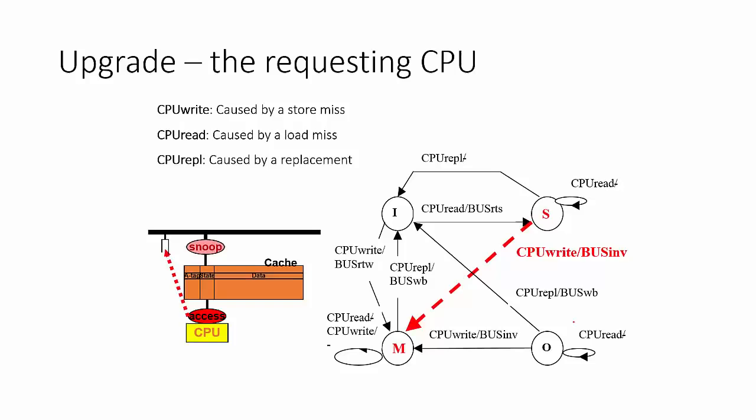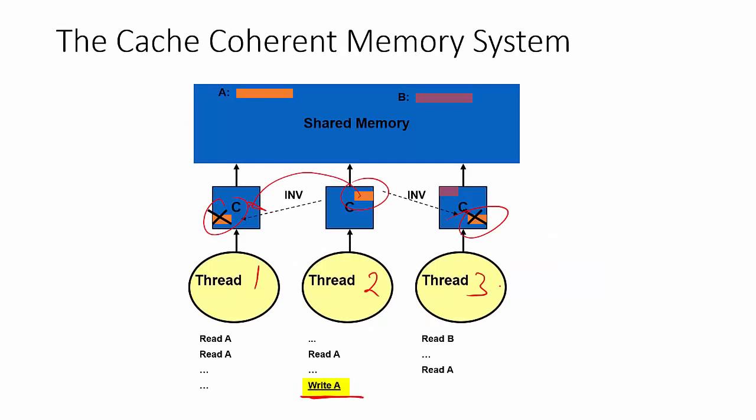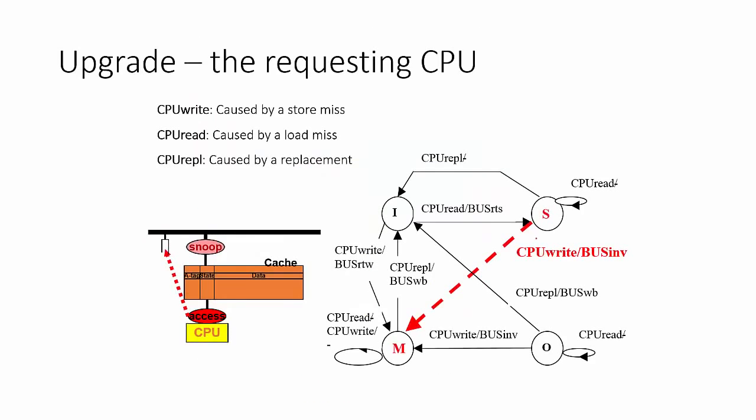So let's assume we have the cache line in state shared. This is exactly the situation before the invalidation. The cache line is in state shared in all three caches. State shared. One thread is then issuing a store instruction that leads to a CPU write.